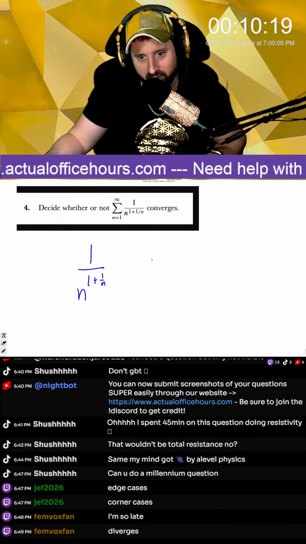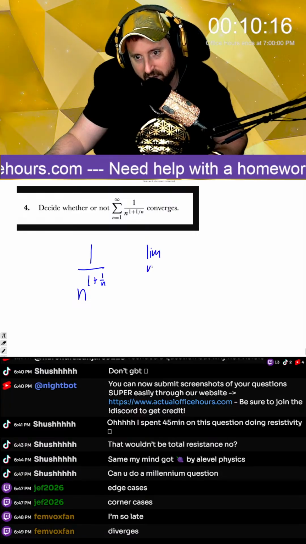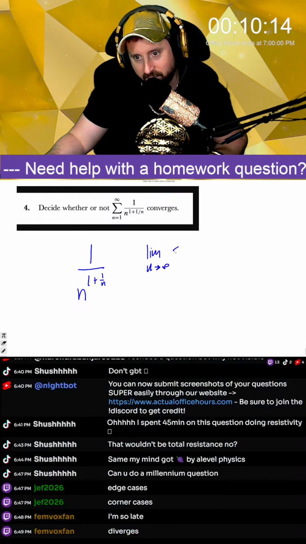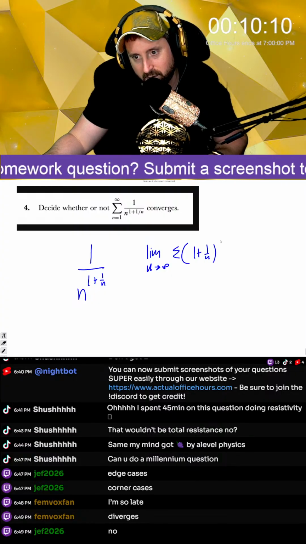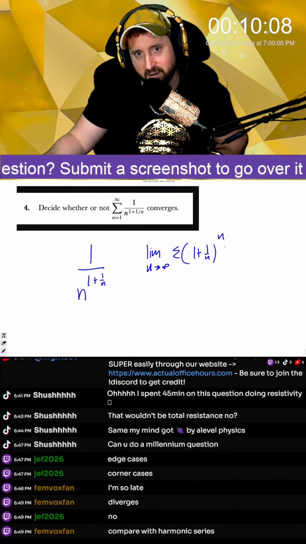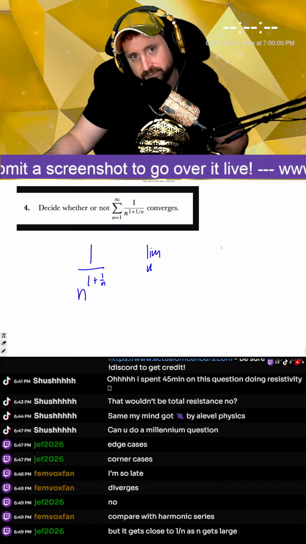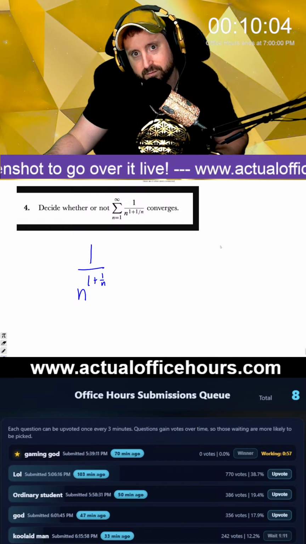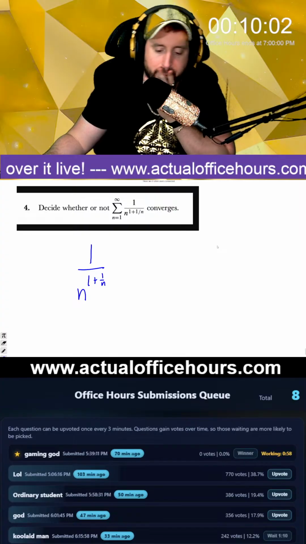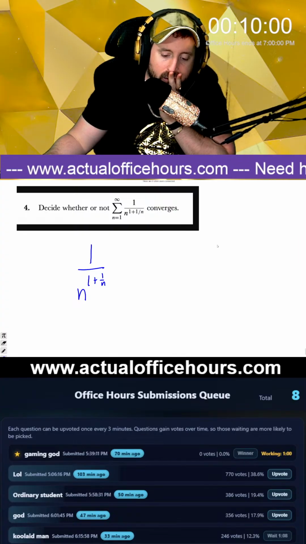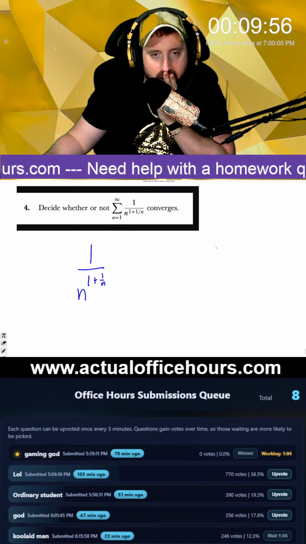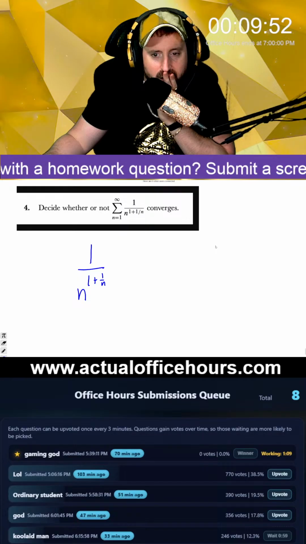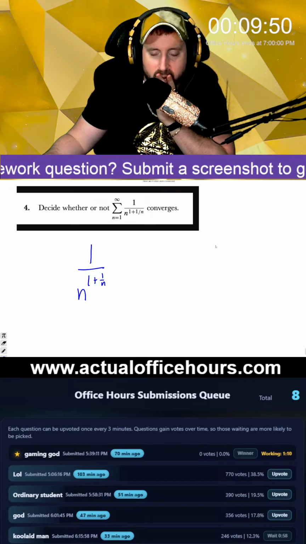Isn't the limit as n approaches infinity of 1 plus 1 over n... Oh, to the n. Oh, compare with the harmonic series. Okay. I see. Yeah, I think this one might diverge. I'm pretty sure it does.